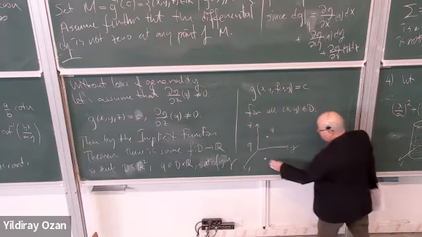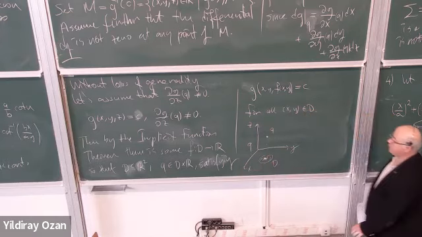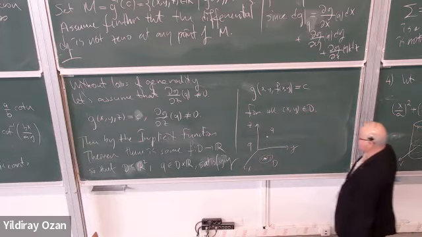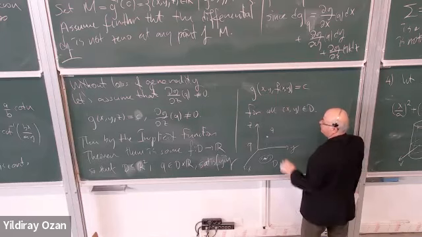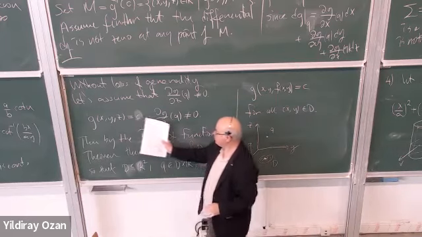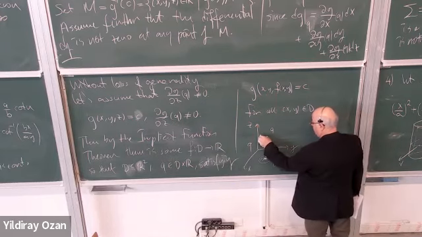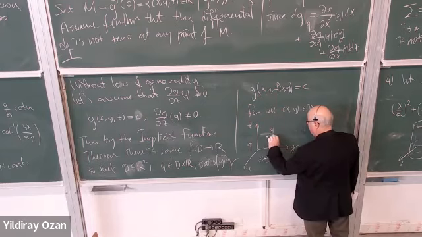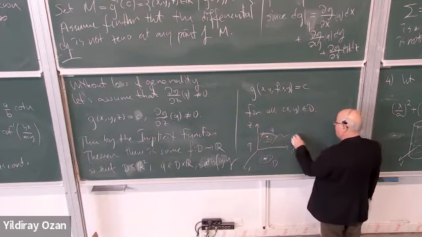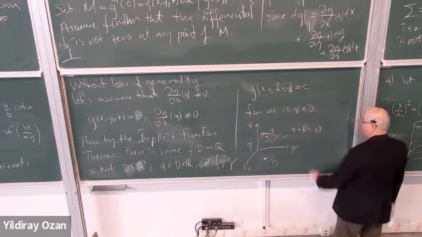I can find an open set here, some D, and a function so that the solution of this equation G(x,y,z) equals C is the graph of a function, like this. So this is the surface z equals f of xy.